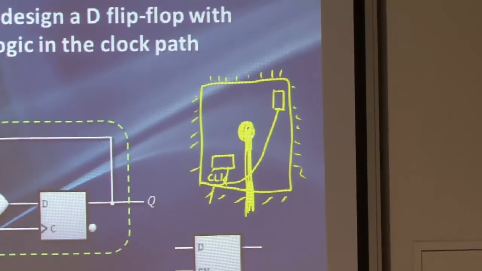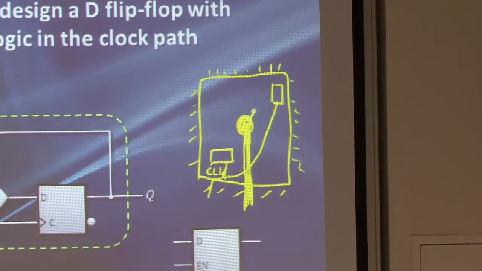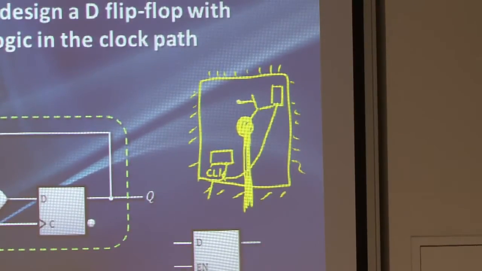And then from there, they start branching this wire into smaller branches that connect to the different elements. And what they try to do is make sure that the path between the middle and any of the clocked elements in your chip is roughly the same.